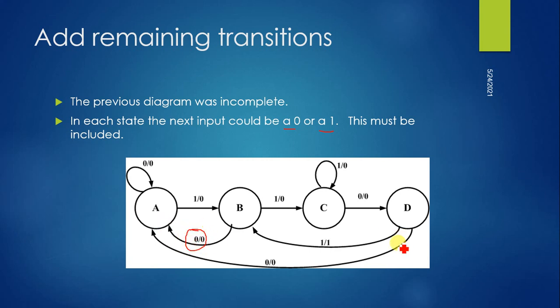If from D to B I give some input, which is 1, it creates a transition as 1. Similarly, from A to D, I add one more thing, which is 0, which causes a transition of 0, so I can make it 0 bar 0, right? So like this, I can add multiple transitions. There is only a rule that follows multiple transitions, or the table that is given will tell you what kind of transition it is.